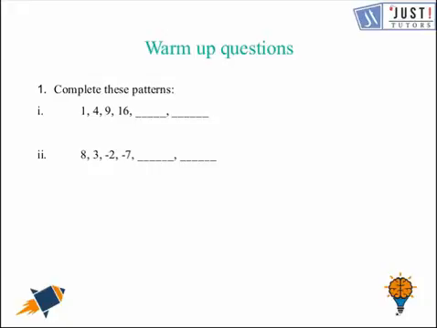So in this question, we have to work out the next two terms of the given series. So let's have a look at the first series. Here, the numbers are 1, 4, 9, 16. If we closely look at the pattern that is being followed by these numbers, we come to know that consecutive odd numbers are being added.